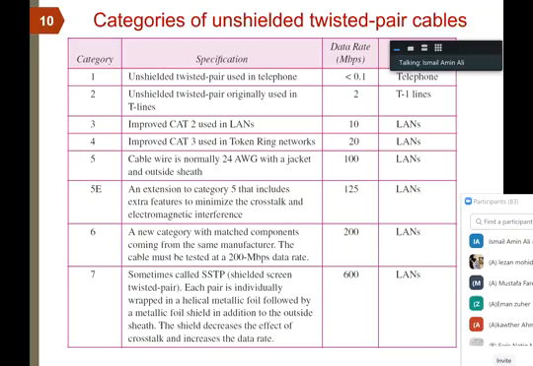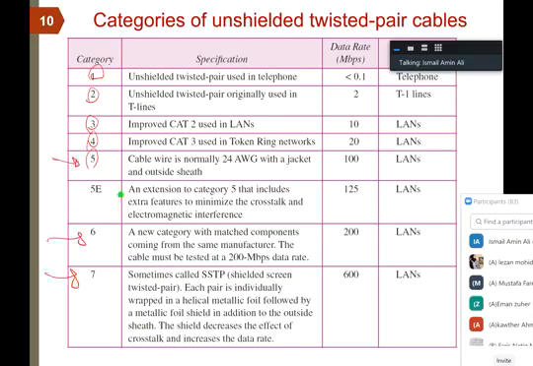So if we look at the categories of the cables, we have category 1. These are categories 2, 3, 4, 5. We'll be mostly interested in categories 5, 6, and 7.